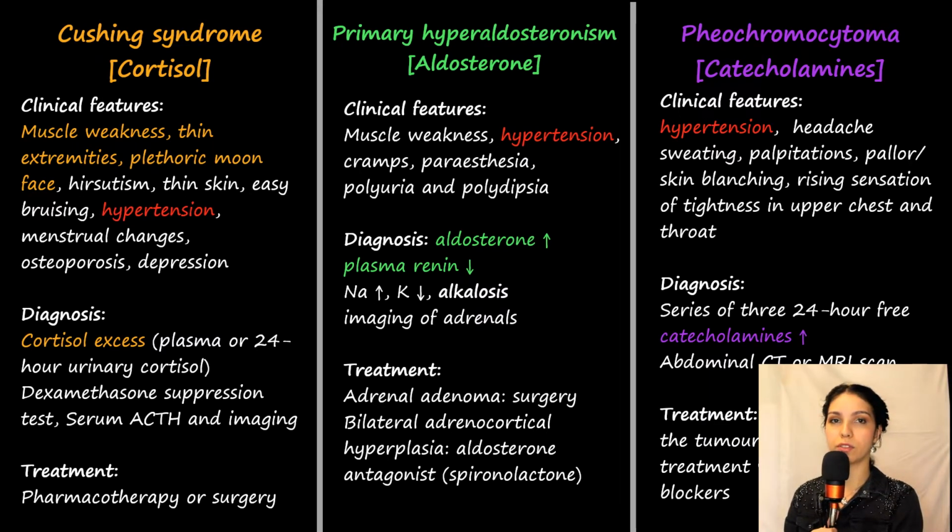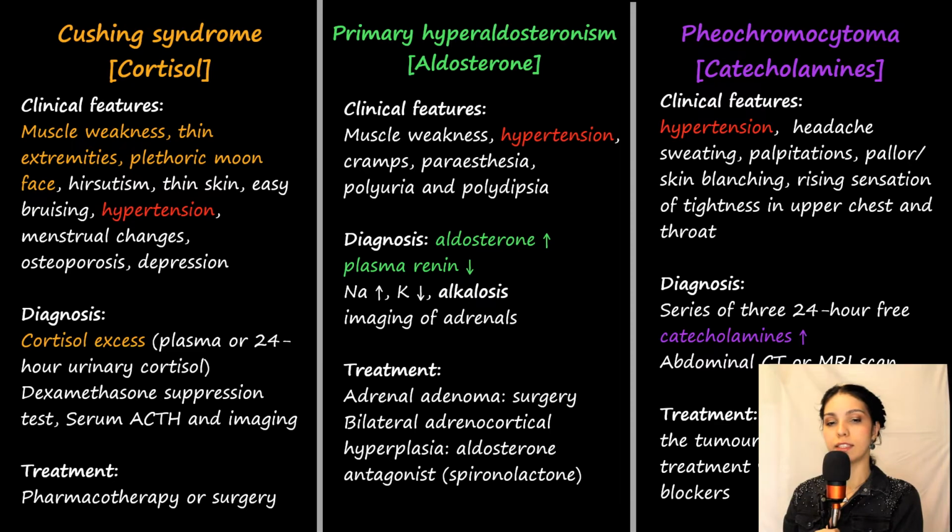So, diagnosis: the urinary free cortisol level, the low dose dexamethasone suppression test, the evening serum and salivary cortisol level, and the dexamethasone corticotropin releasing hormone test, and also imaging.